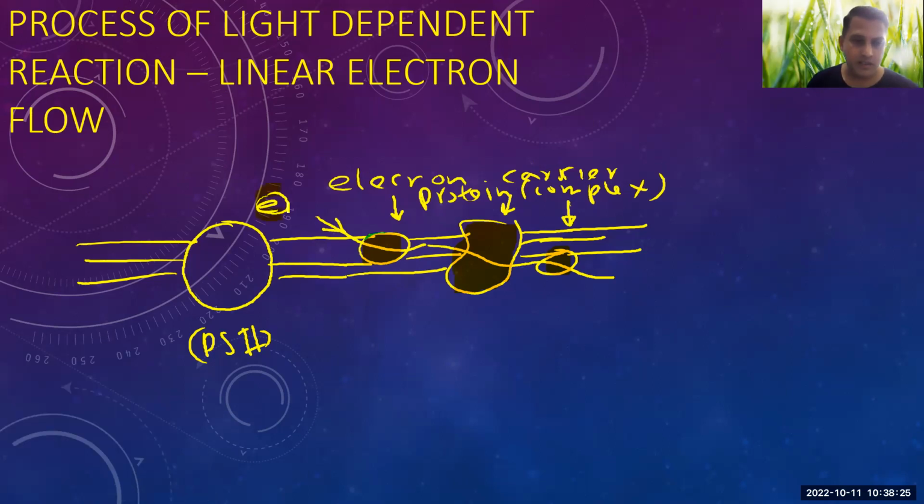This has a lot of energy when it is released from photosystem 2. But when it comes to here, it goes to a low energy state. So what happened to the energy? We have to find out what happened to that energy. This energy is used to pump hydrogen ions, or protons, from the stroma to the inside of the thylakoid.